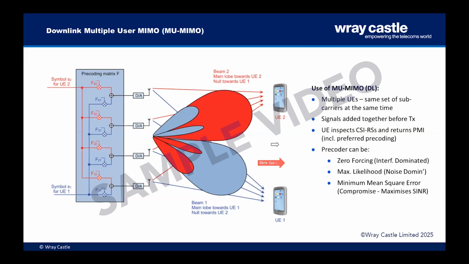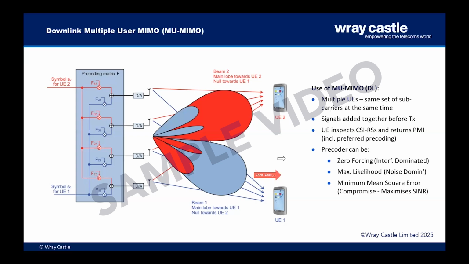Although this works well for 2 mobiles, if you try doing it with 10 mobiles, it's all going to go horribly wrong, because you're never going to steer the nulls in the exact direction you want them. You're always going to get some interference leaking through.